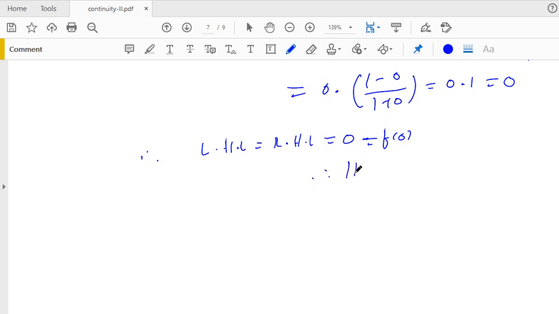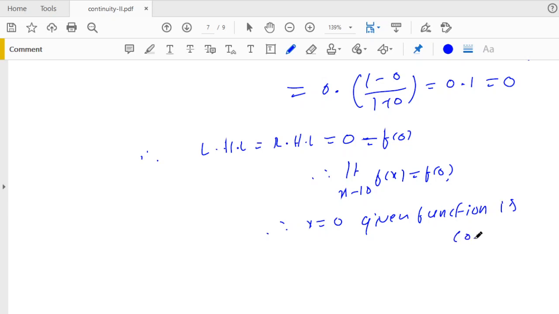Therefore limit x goes to 0, f of x equals f of 0. Therefore, at x equal to 0, the given function is continuous.